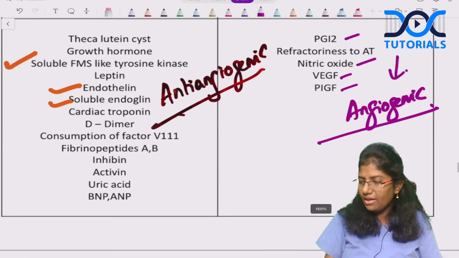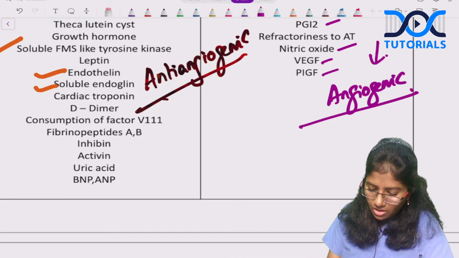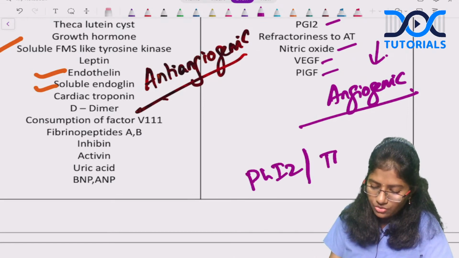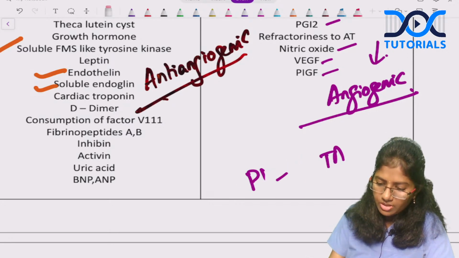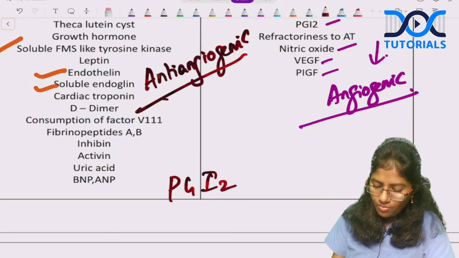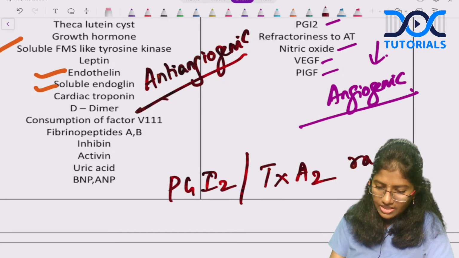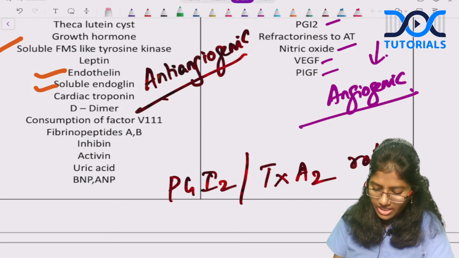Okay, lastly, remember one thing: PGI2 and thromboxane A2 ratio. This alone you remember. PGI2 is angiogenic and thromboxane A2 is anti-angiogenic.